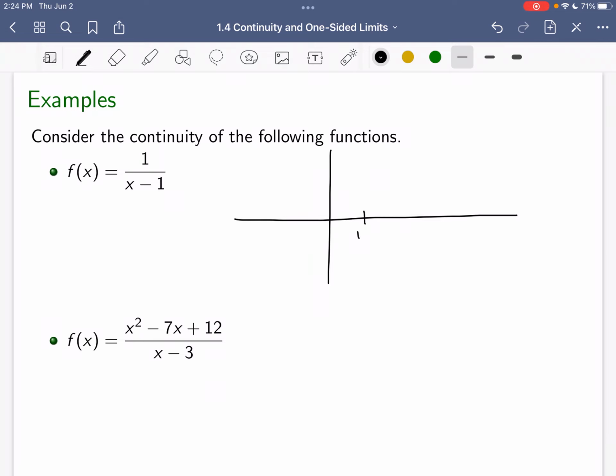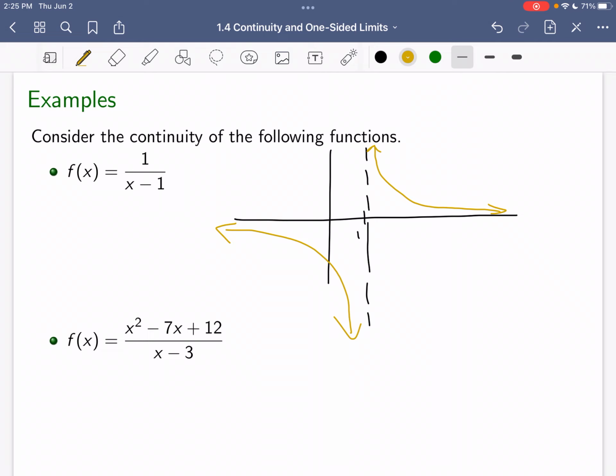Well, at 1 there's a vertical asymptote. For values smaller than 1 we have this, and for values larger than 1 you'll have something that looks like this.